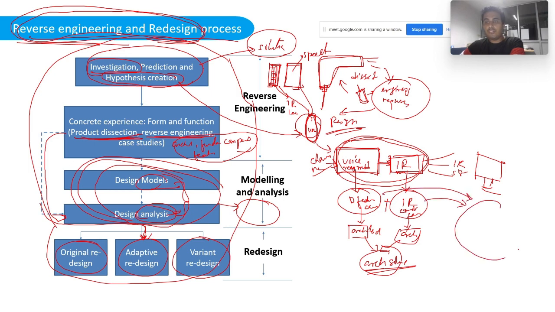That is what this particular diagram represents. Sometimes you need to do additional design modeling and analysis to come up with a solution, or sometimes, based on your understanding from product dissection, you can directly go for designing your product.